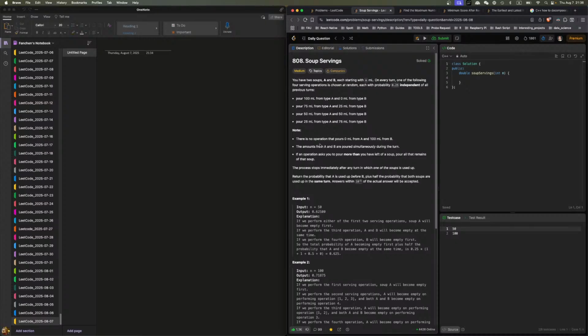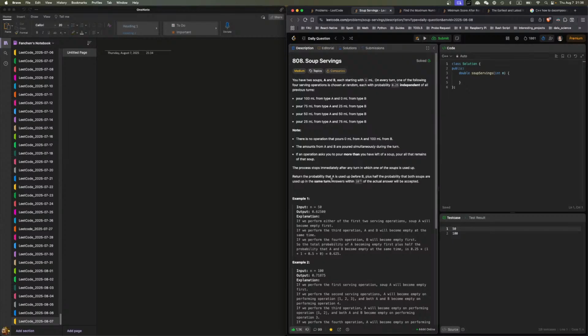Okay, there is no operation that pulls 0 from A and 100 from B. The amounts from A and B are pulled simultaneously during each turn, which means things like this are no change. If an operation asks you to pull more than you have left, pull all that remains. The process stops immediately after any turn in which one of the soups is used up.